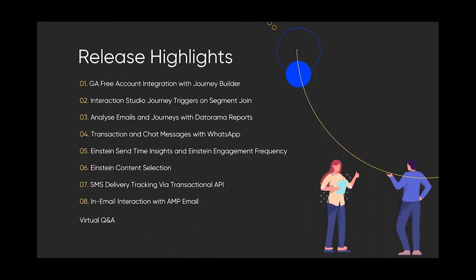We'll also be covering sending of transactional and chat messages with WhatsApp before jumping into the new Einstein features: Einstein Send Time Insights, Einstein Engagement Frequency, as well as Einstein Content Selection. We'll also talk about SMS delivery tracking via transactional API, and end off the webinar with an exciting new feature, which is in-email interaction with an email.